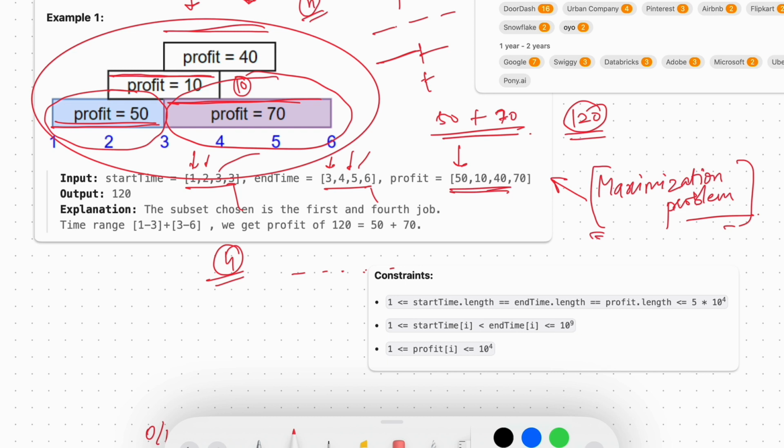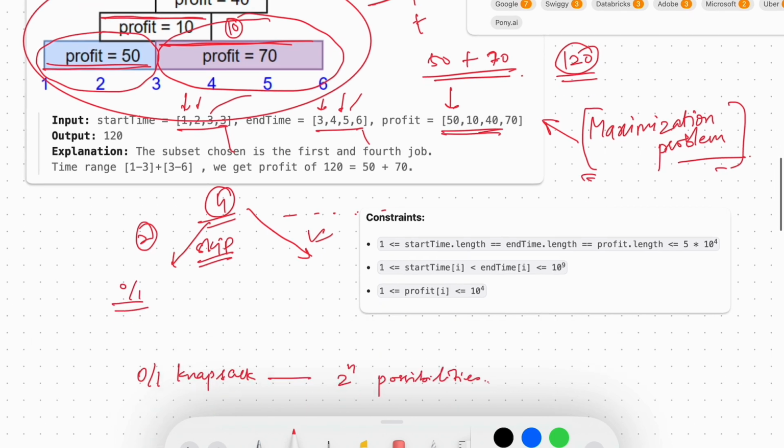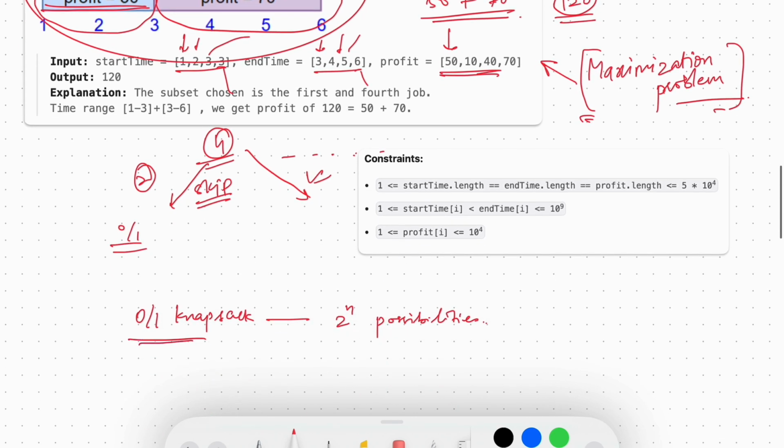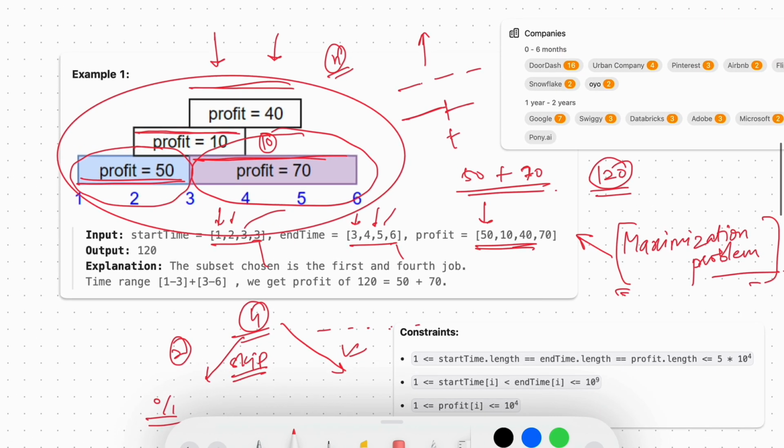At every step we have two possibilities: either we skip that job or we consider that job. So it is like the 0-1 knapsack problem, where we generally have 2 raised to the power n possibilities, which we can further optimize by looking at some conditions or by doing memoization.